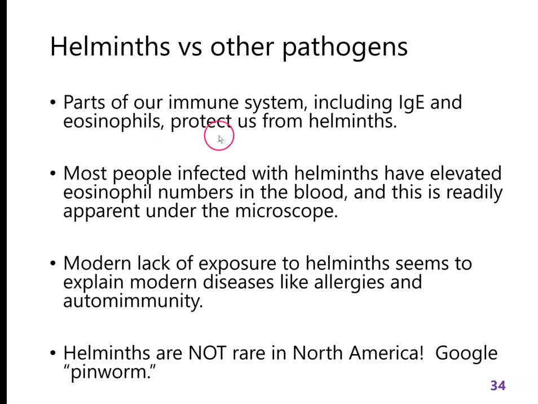And what else? Our immune system, including eosinophils and IgE, are really there to protect us from helminths. And when we don't have helminthic infections, those parts of our immune systems seem to go haywire and cause diseases like allergies and autoimmunity. That's a widely believed hypothesis that hasn't really been tested experimentally.